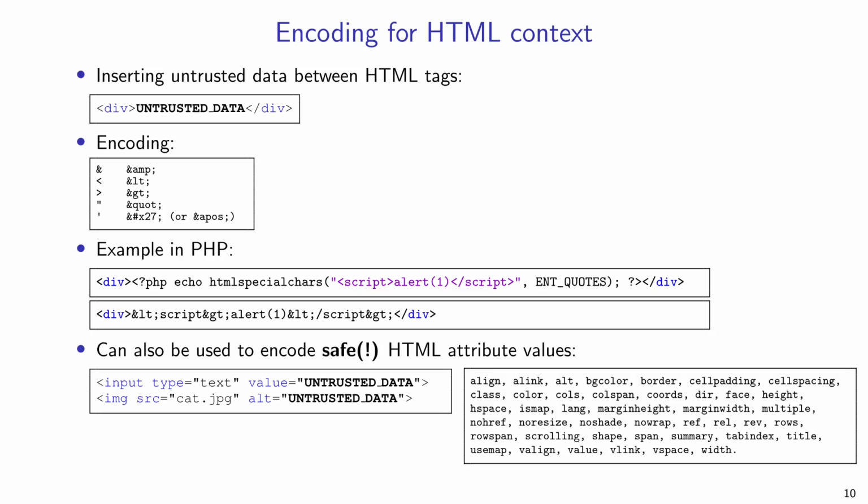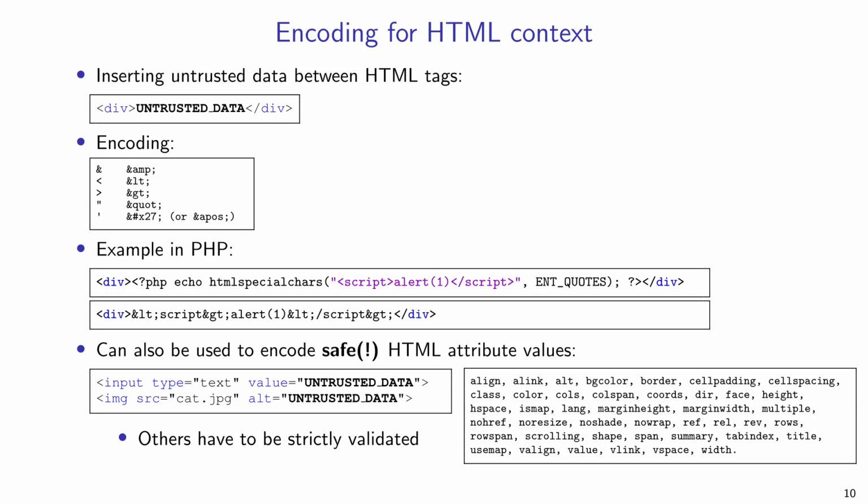Here is the complete list of HTML attributes in whose values we can insert untrusted user input and make them XSS safe by applying the HTML entity encoding. In other HTML attribute values, we must not insert arbitrary user input. Others have to be strictly validated against the set of acceptable safe values.